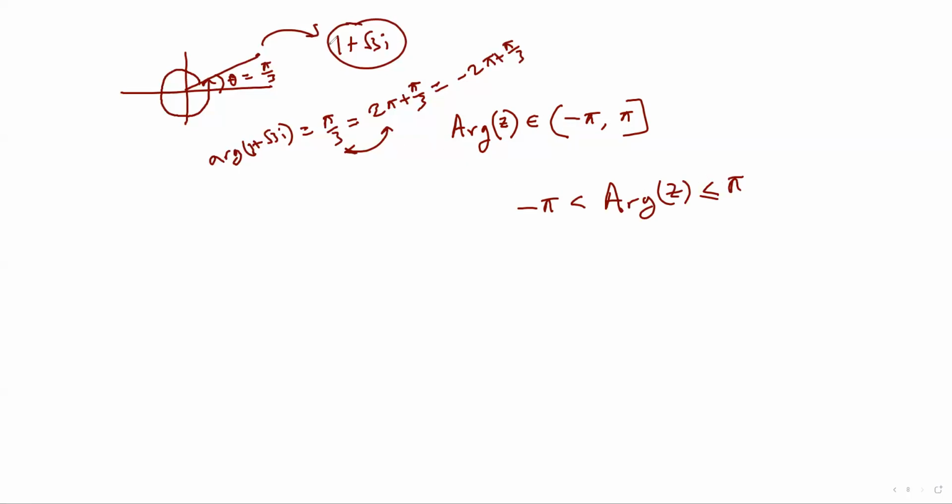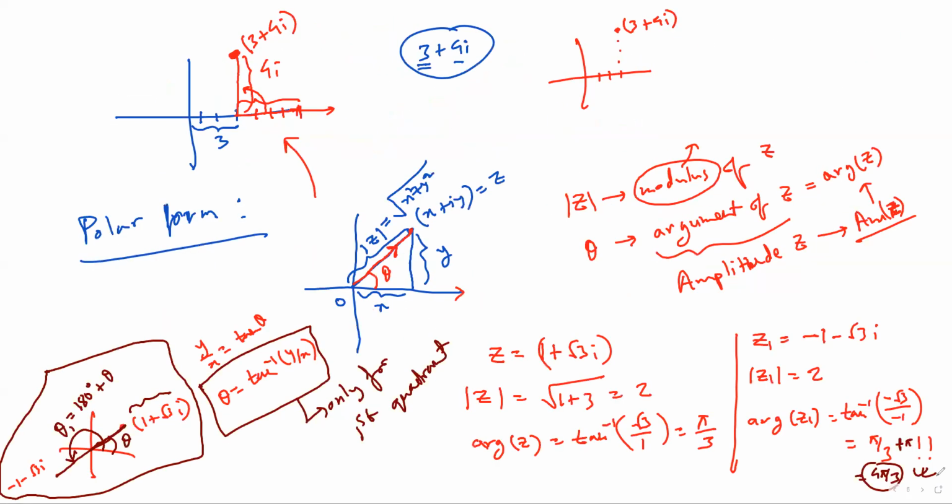So for any complex number, you will find infinitely many possible arguments, but only one of them is called the principal argument. So whenever in questions you see a capital A, you should understand that it's the principal one, not just any argument, but the principal argument.